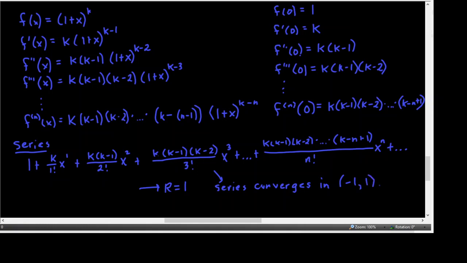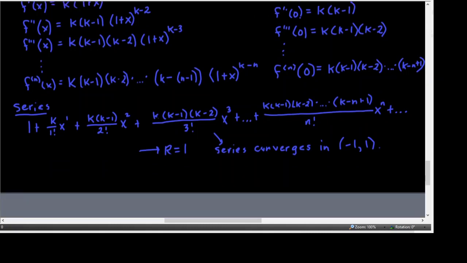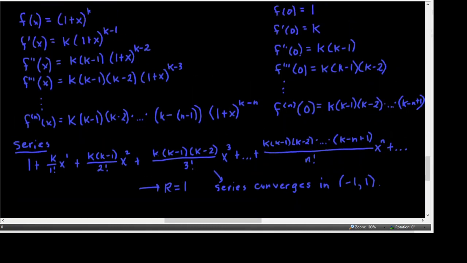Now, this is not done using a geometric series idea, so we could not conclude anything about the endpoints from that. But this one was not done that way, so you need to test the endpoints. And actually, you would need to test the endpoints depending on k. You may or may not include one or both of those endpoints. So it really depends on the value of k.